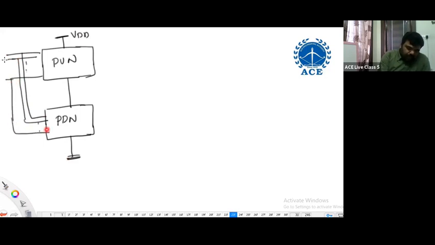If I say inputs I0, I1 up to I n minus 1, n bits. This is the block diagram of CMOS. One has the pull-up network, the other one has the pull-down network.